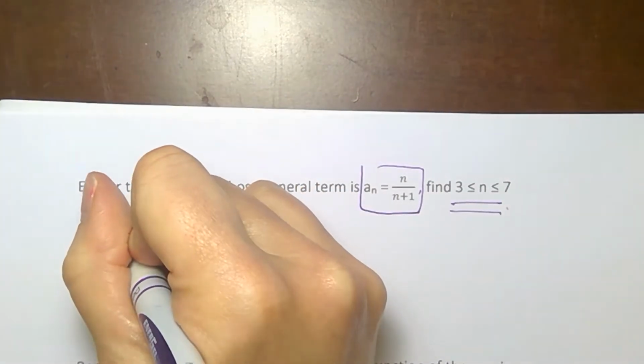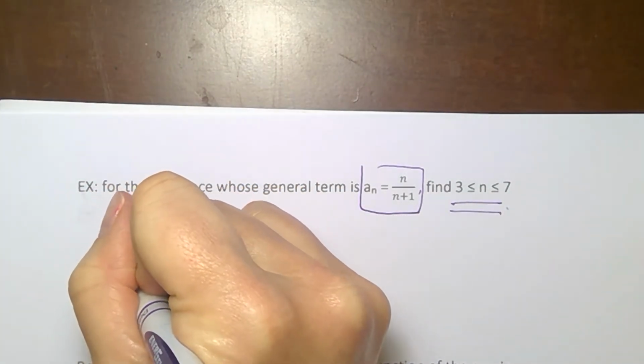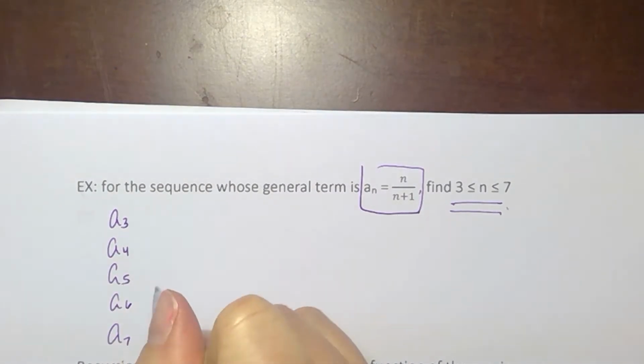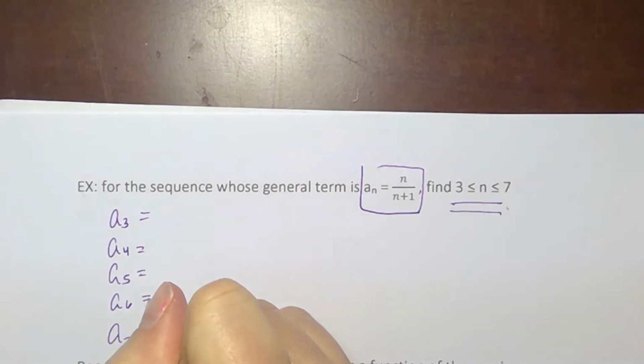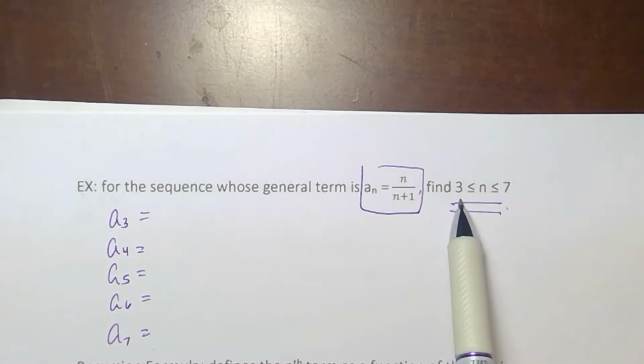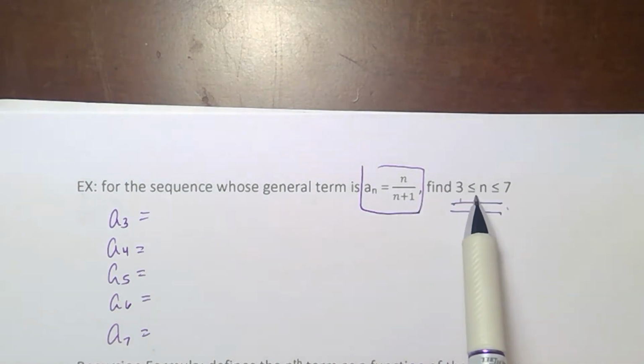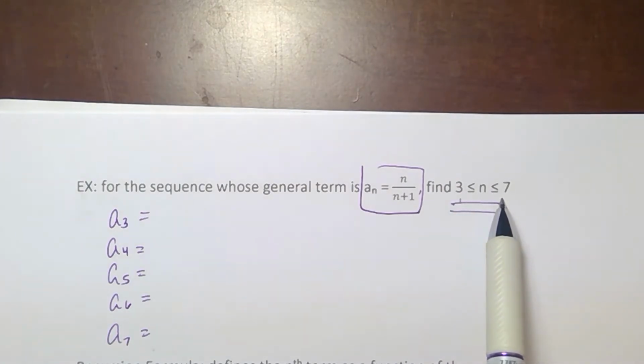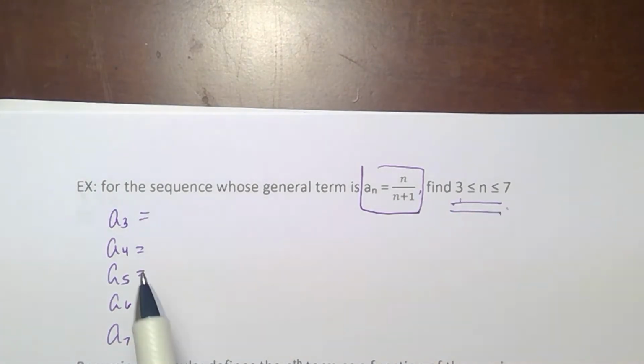So I'm going to find a sub 3, a sub 4, a sub 5, 6, and 7. I know where to start and I know where to stop because of this notation: find from n greater than or equal to 3 to less than or equal to 7. All right, so this tells me which 5 terms I'm finding.